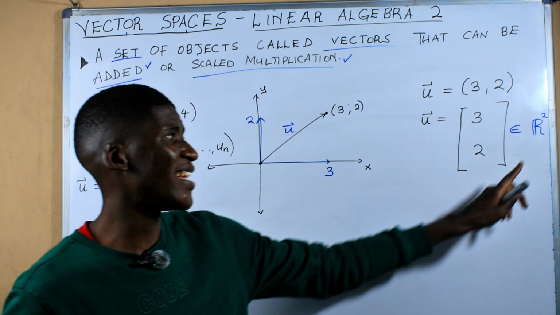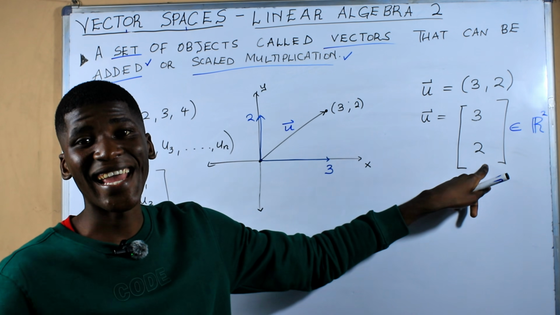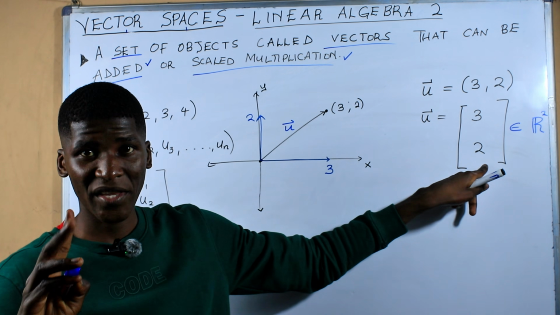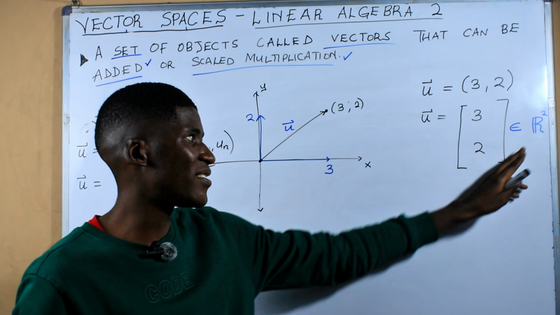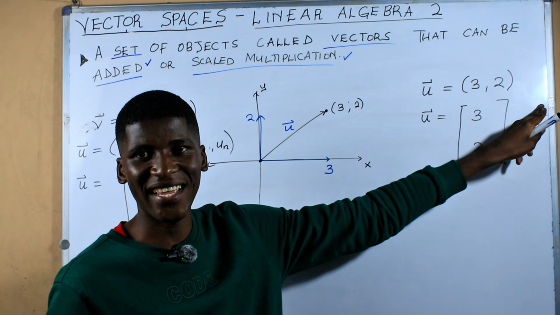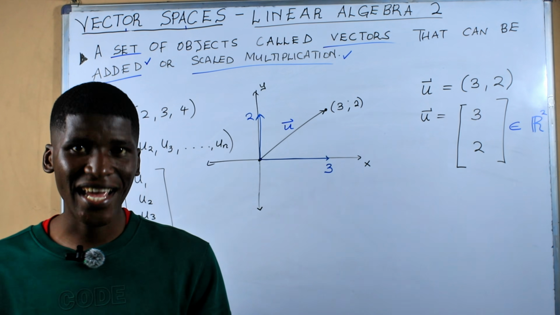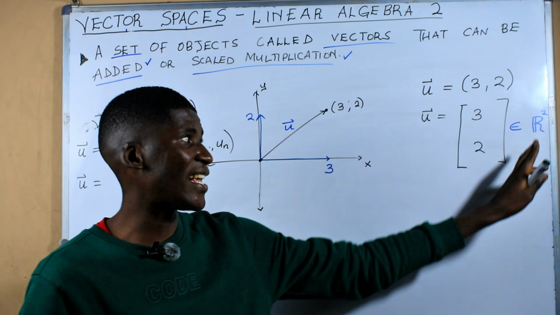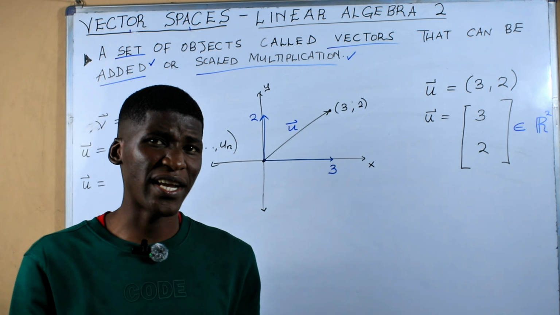This 2 here tells us that the components we are having here are 2-dimensional. It means that we're having 2 different components in simple terms. So whenever you see something like R to the power of 2, it is just saying the components are real numbers, and they are in 2 dimensions. We've got maybe an x dimension and a y dimension.